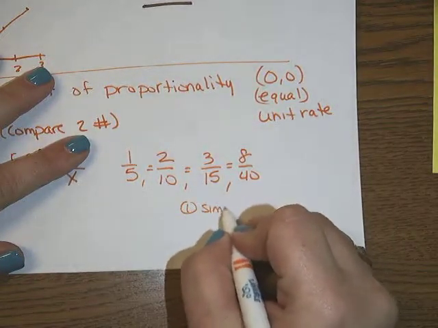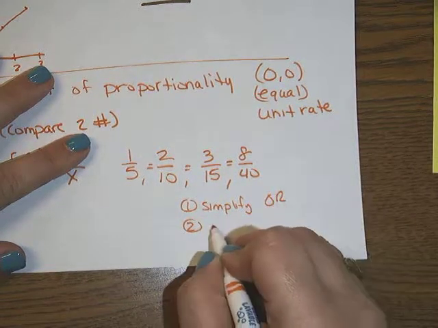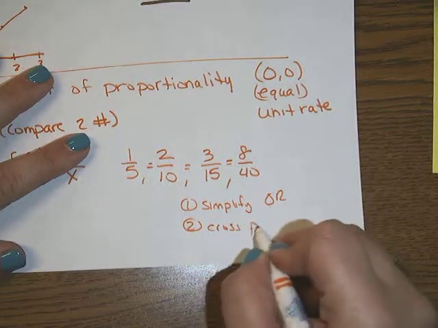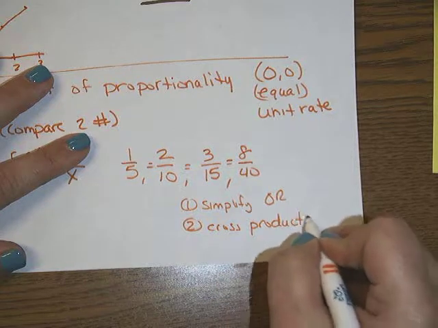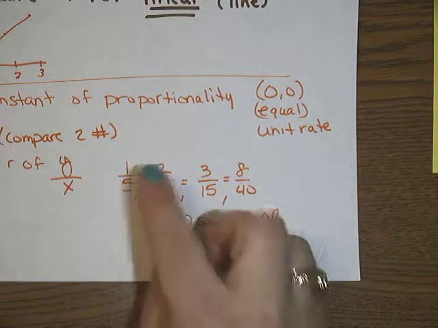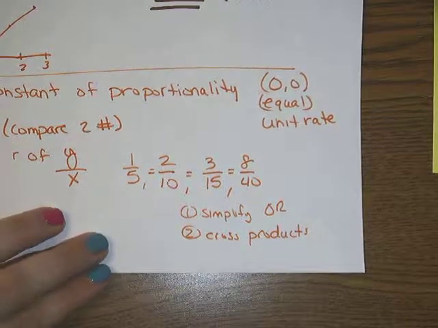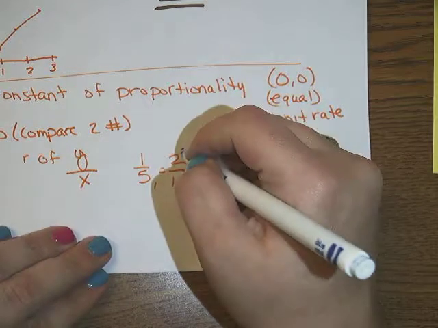Now, what can I do to these ratios? I can see if I can simplify. What's the other way to check? Or you can use what? Cross products. Okay?